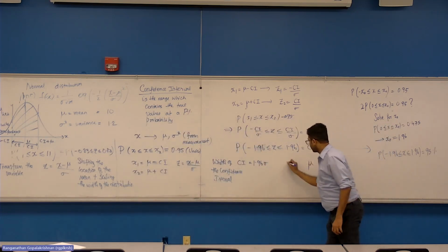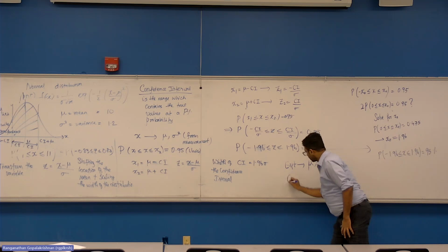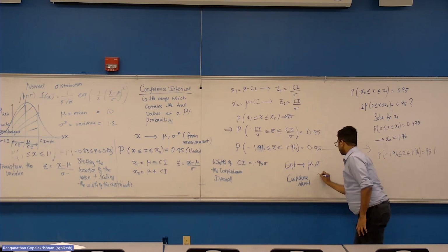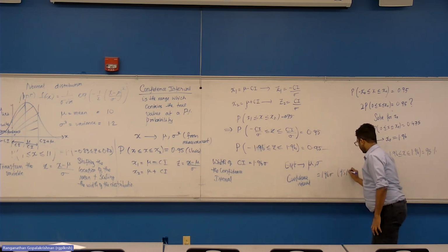Your measurement yields a mean and a standard deviation. All I am saying is the confidence interval is 1.96 times sigma if you are going for 95%.